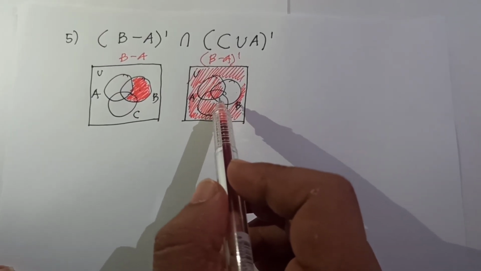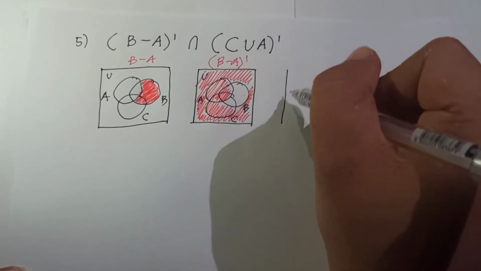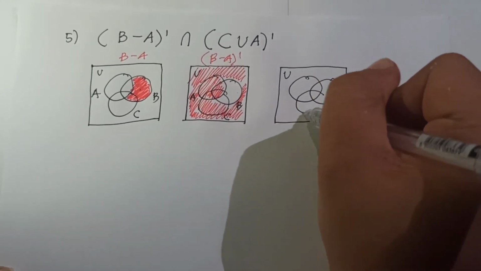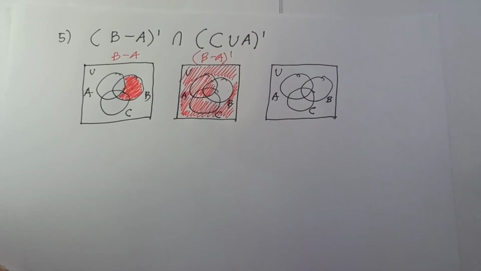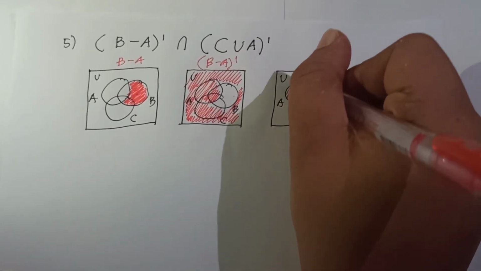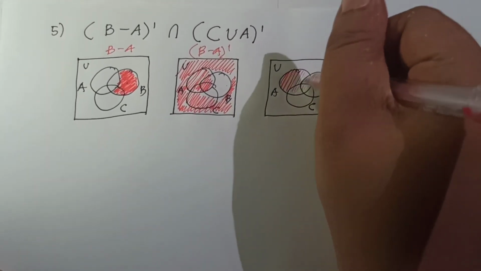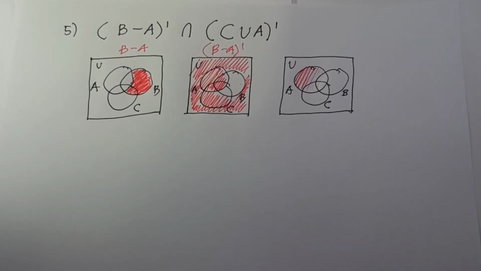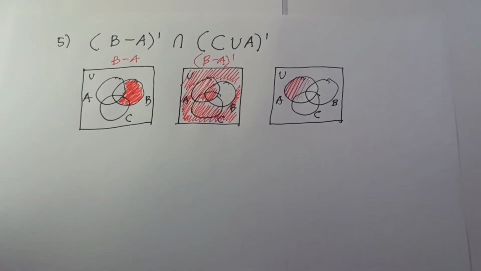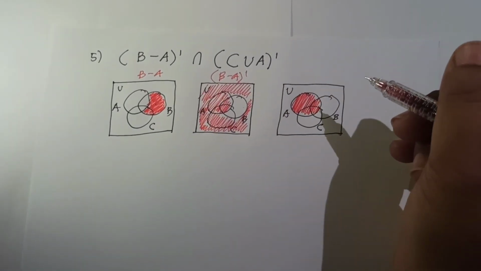Okay. So next we have C union of A. So since C union of A, So U, if this is our A, B, and C, so we're going to take the union of C union of A. So just shade A. Okay, just shade A. Okay.